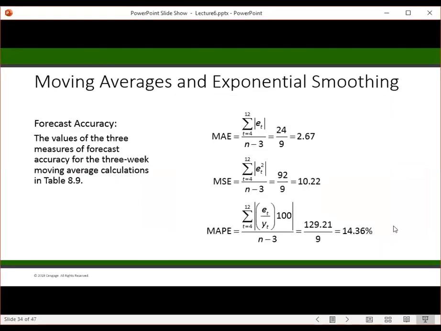And we can apply our accuracy formulas, and we find out that, again, as we showed before a couple minutes ago, the 3-week moving average has a better accuracy rate than the naive approach towards estimation or forecasting.